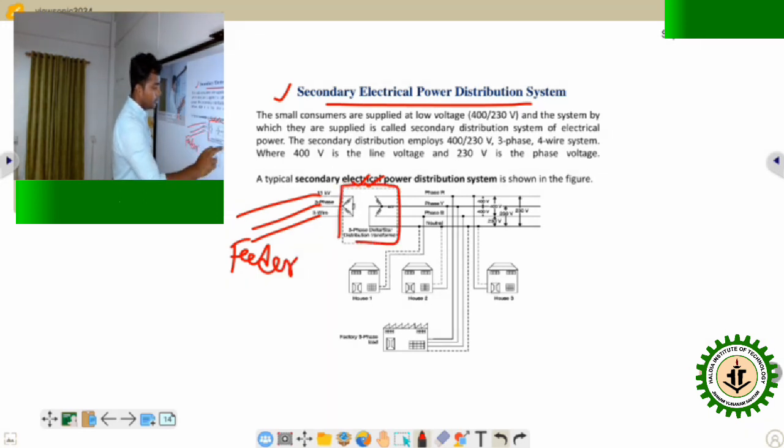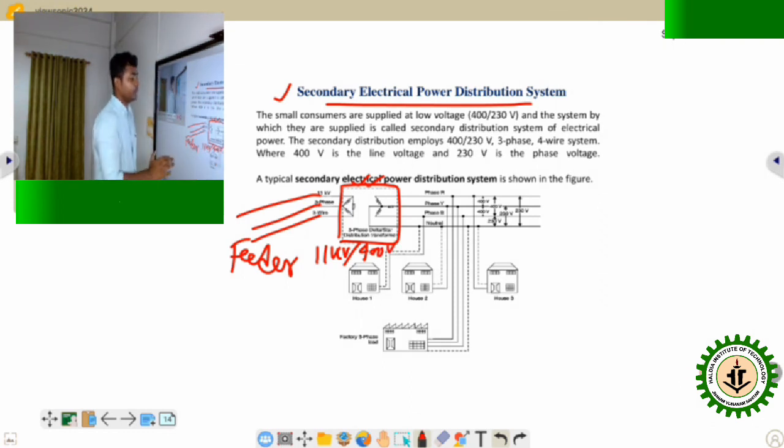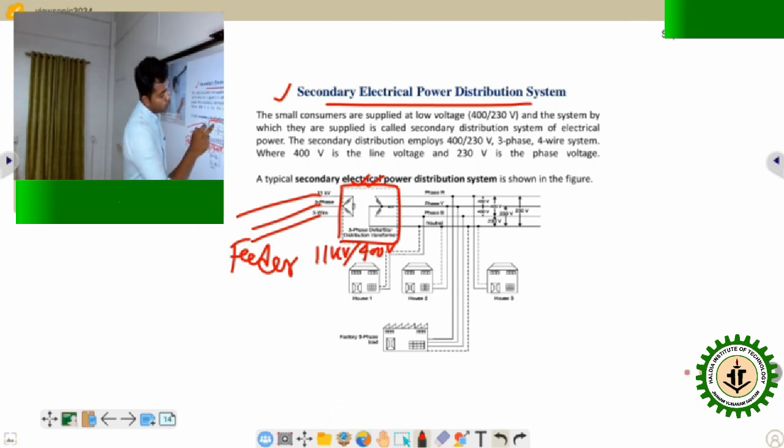And this 400 volt is fed to nearby your locality like this: R phase, Y phase, B, and neutral wire is there. R, Y, B, and neutral.